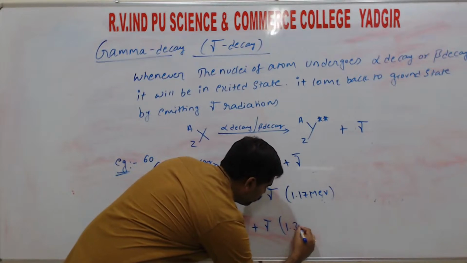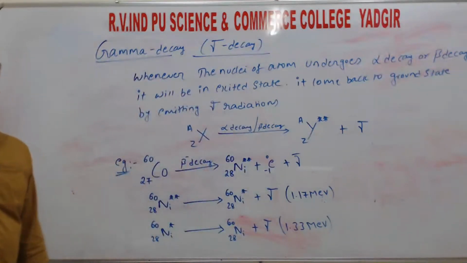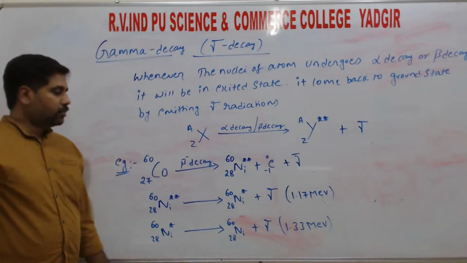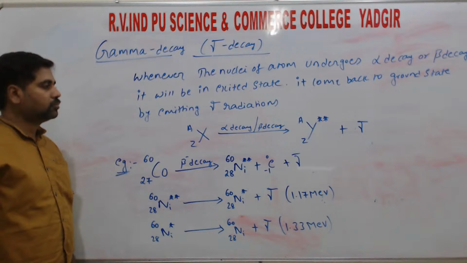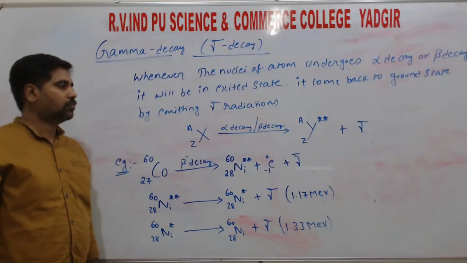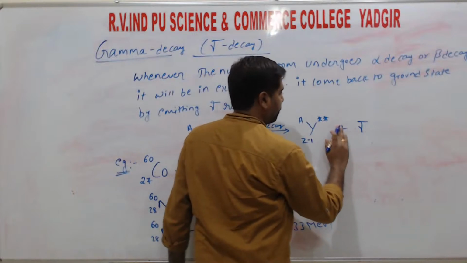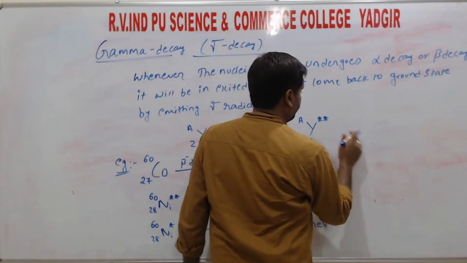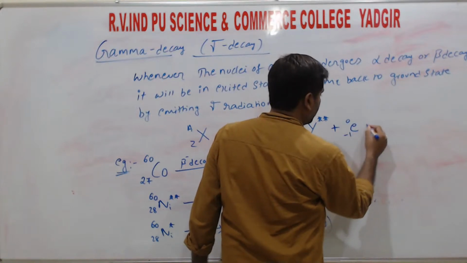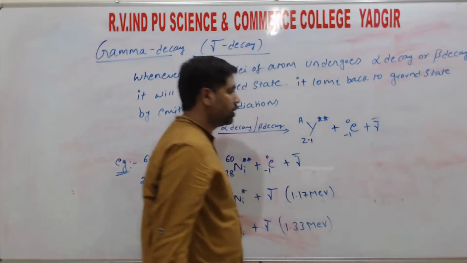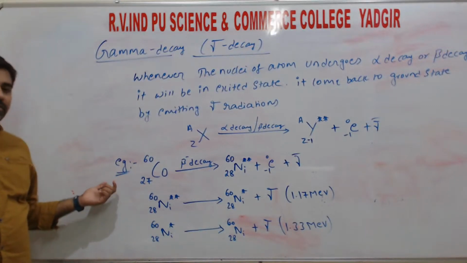Here also it emits 1.33 mega electron volt. Right? So this one is the example.